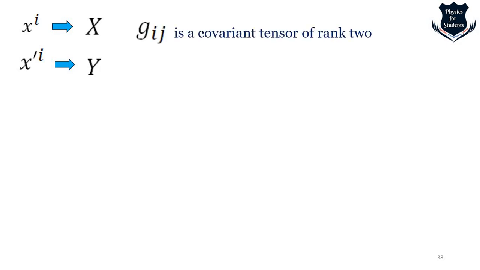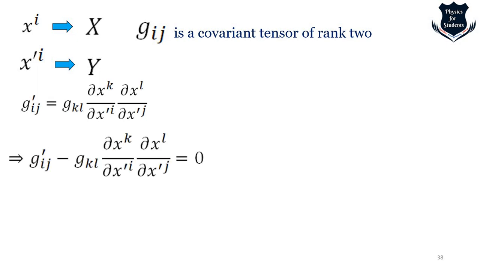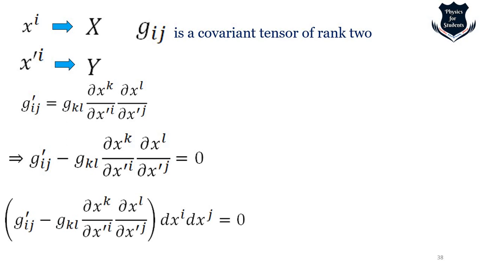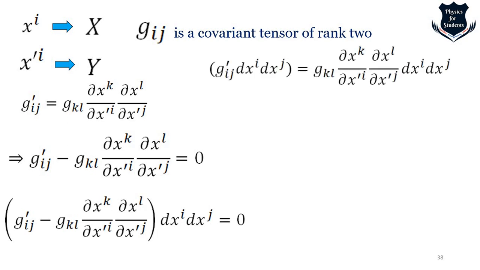Now in order to prove that, what I will do is take this one as the x coordinate system and x prime i in the y coordinate system, and we know that gij is a covariant tensor of rank 2. Then we also know this, which implies this and this, and further calculation leads to this part, right?